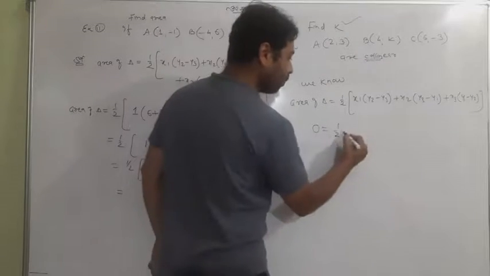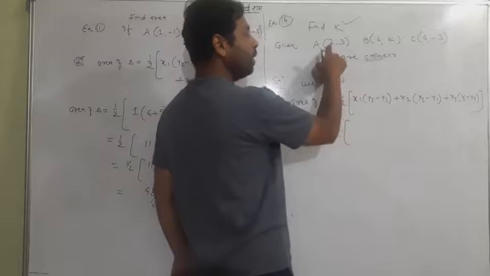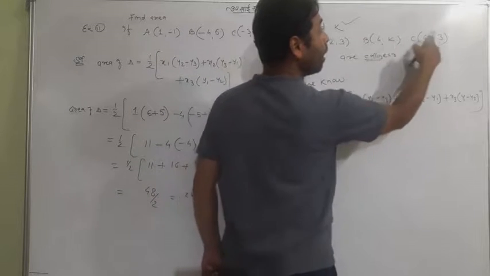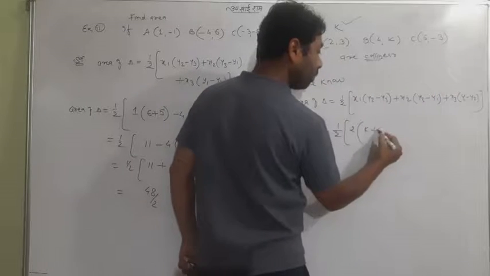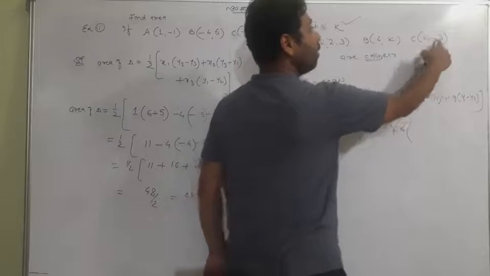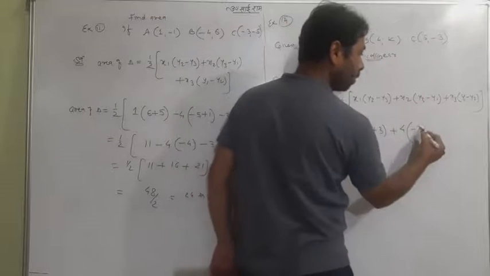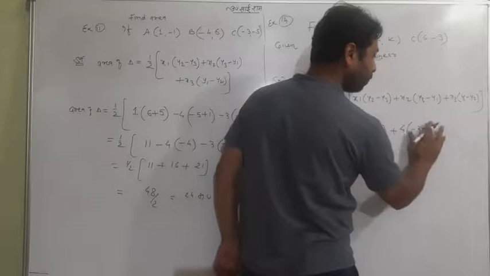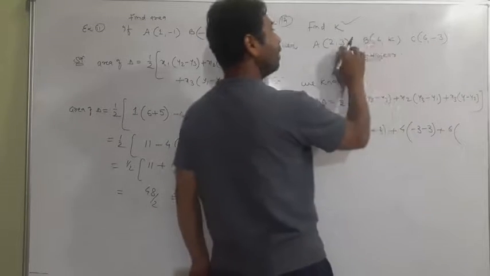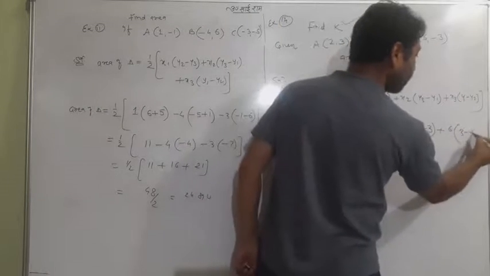Then half. Now go with this: x1 is 2, y2 minus y3 is k plus 3, plus x2 which is 4, times y3 minus y1, which is -3 minus 3, and lastly x3 which is 6, times y1 minus y2, meaning 3 minus k.